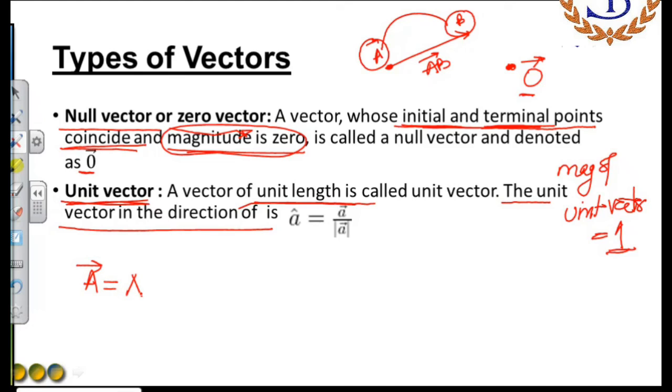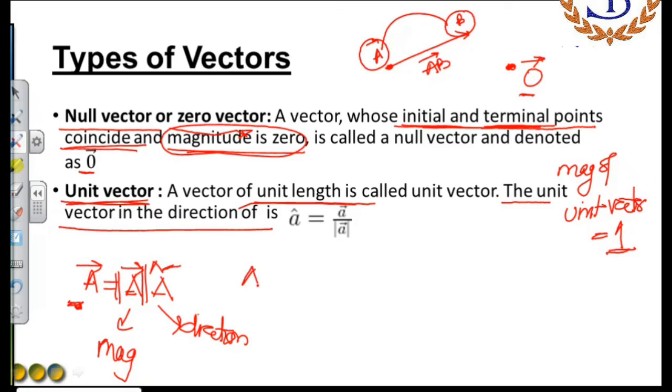One, it is having a magnitude which can be represented by a vector between the two vertical lines, and then the direction of this vector which is represented by A cap. It means a vector is having two things. One, magnitude, and another, the direction. And direction is given by this unit vector.